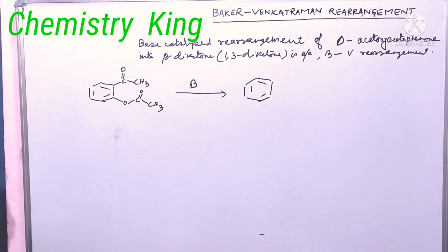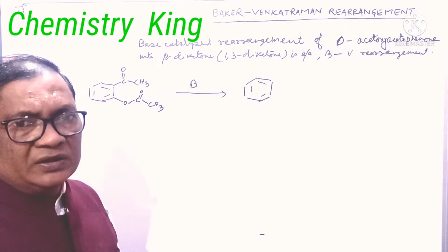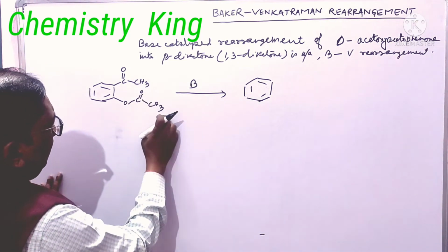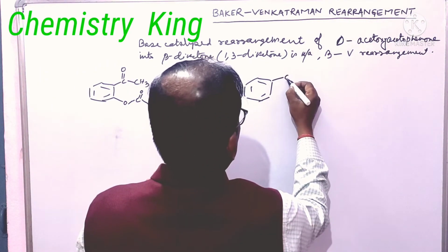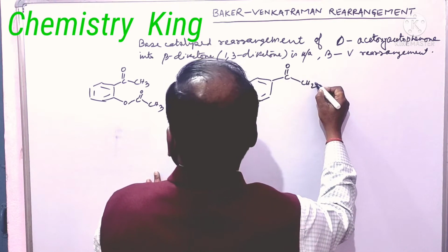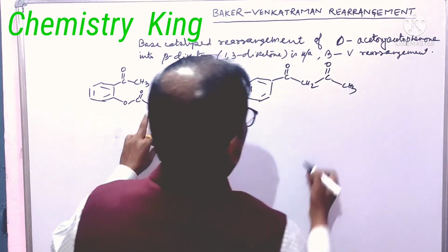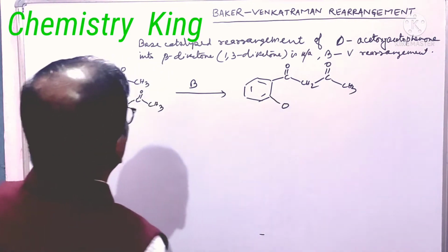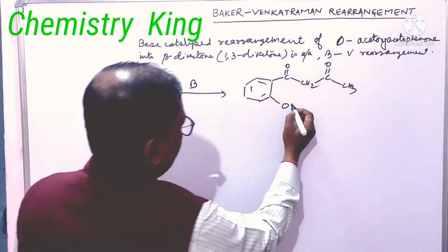How can you decide the product? This part, acetyl, will come here: C double bond O, CH2, C double bond O, CH3. This part will go there, and this is O, and hydrogen released from here will come here.